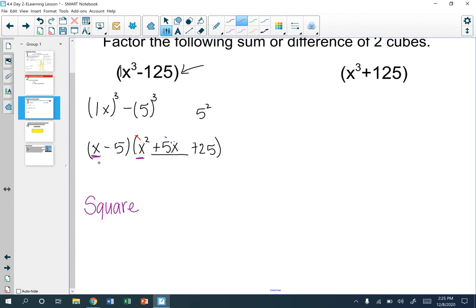We multiply the x and the negative 5 to get our middle term. And then we change the sign. So multiply and change signs. And then to get our very last term, we square that second term.